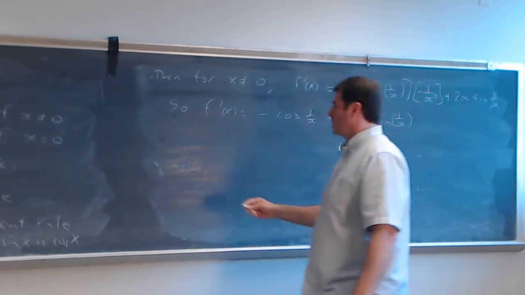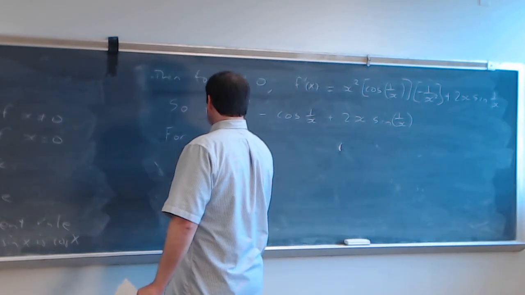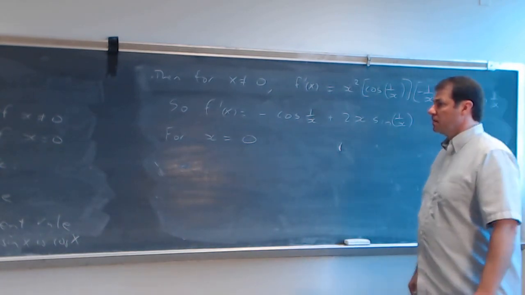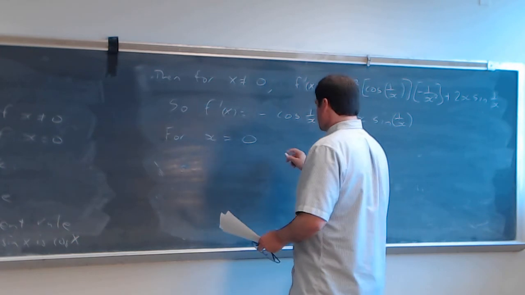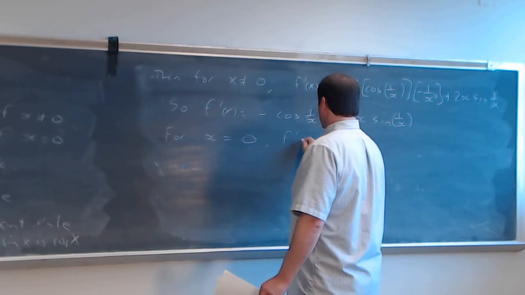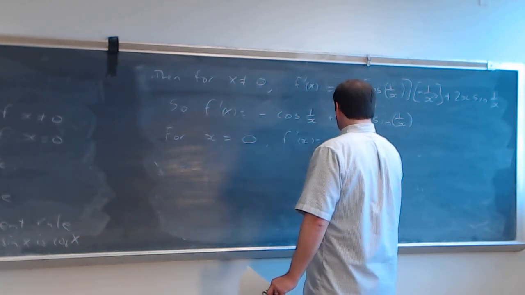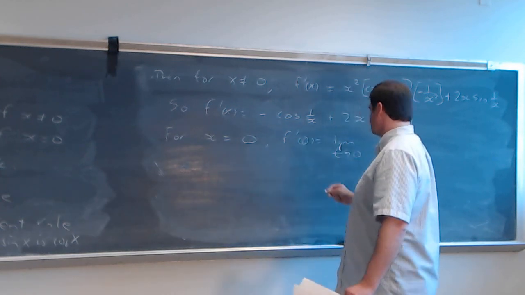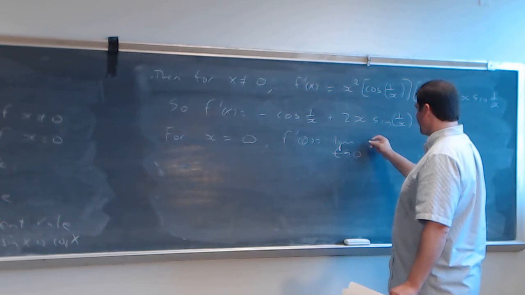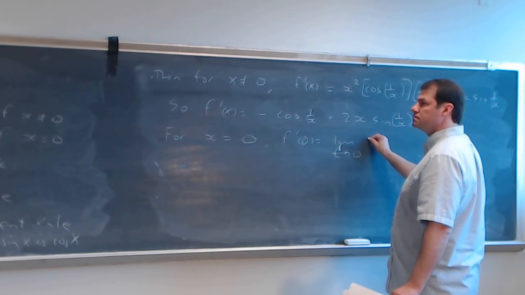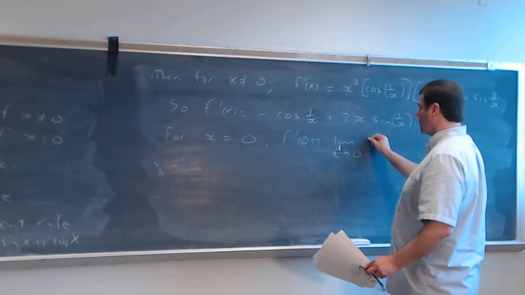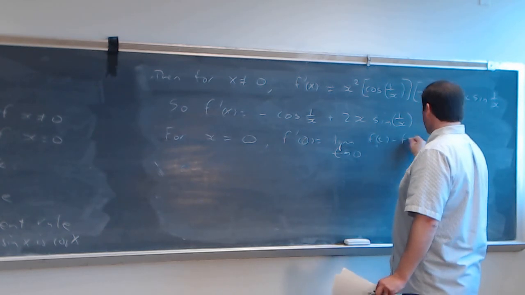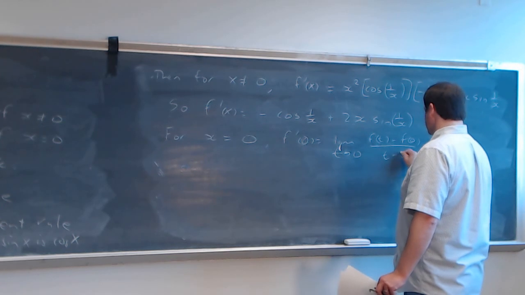Now for x equal to 0, we'll use the definition of the derivative. So we have f prime of 0 equal to the limit as t goes to 0 of f of t minus f of 0 all over t minus 0.